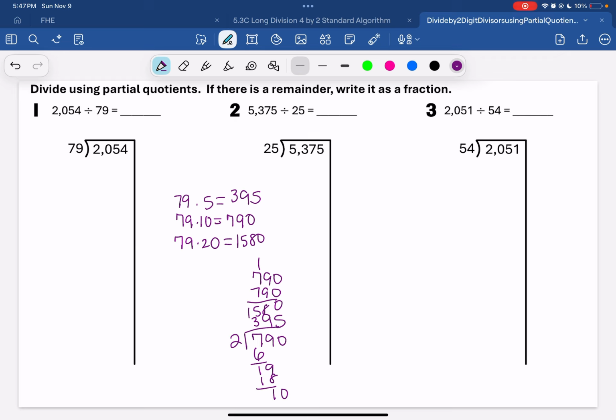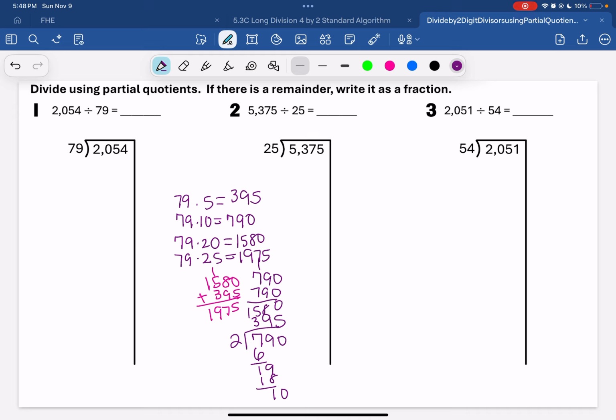So what I'm going to plan to do is add the 395 and the 1580, because that's going to give me 79 times 25. And that's pretty close.